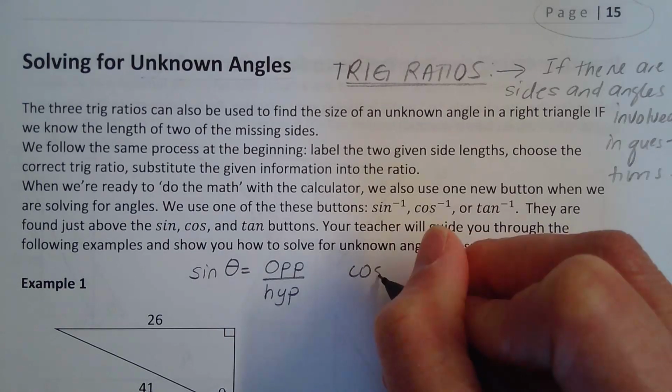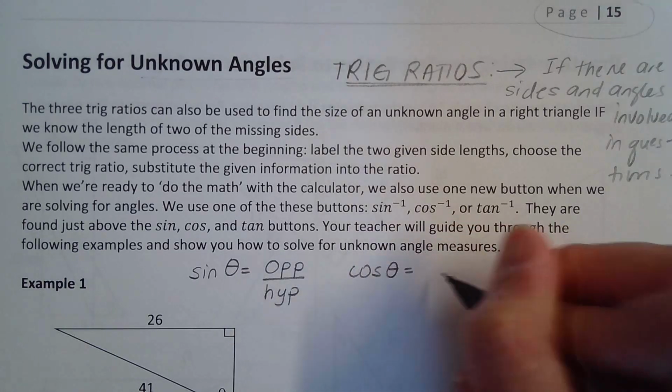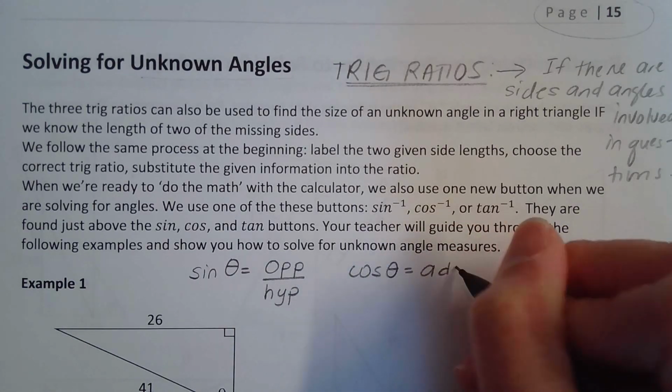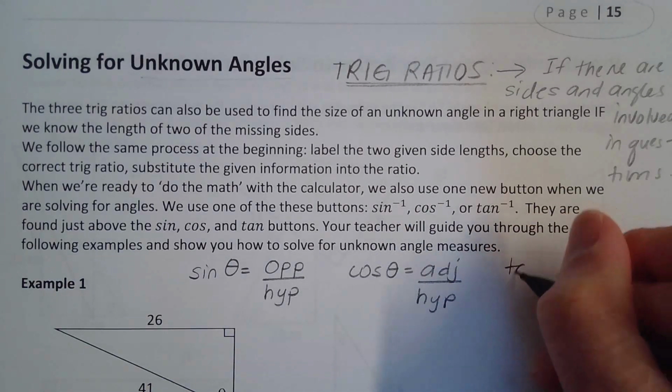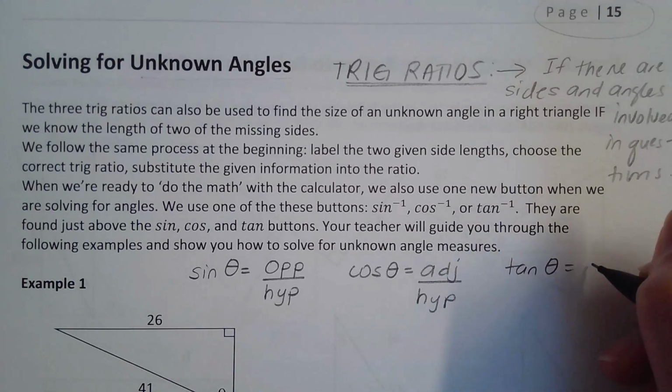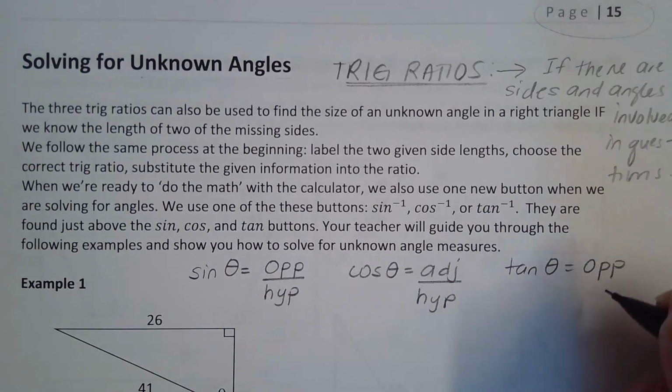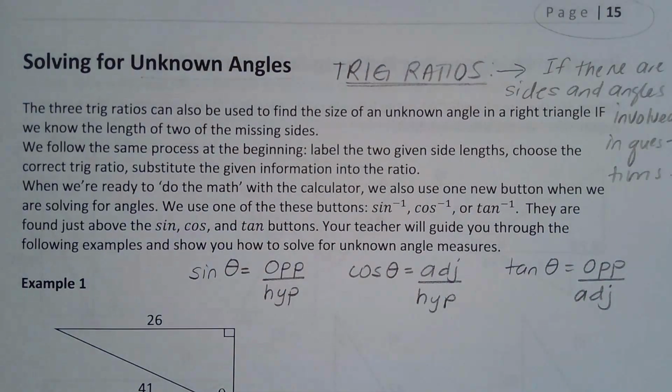The other one is cosine theta equals adjacent over hypotenuse. And then tan theta equals opposite over adjacent. These are the ones that we're using.